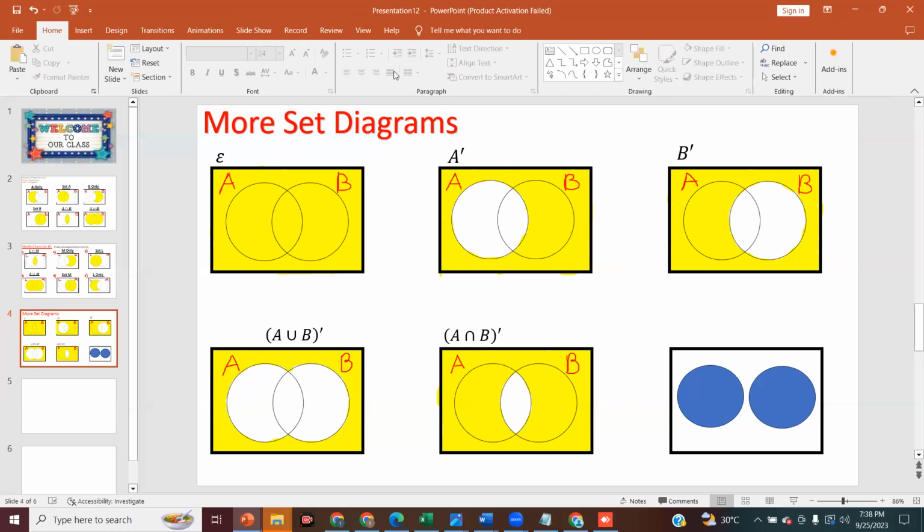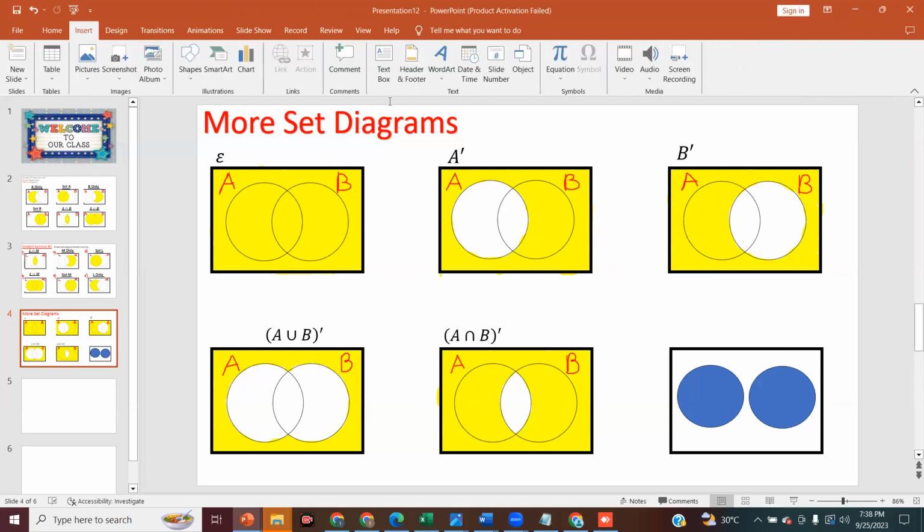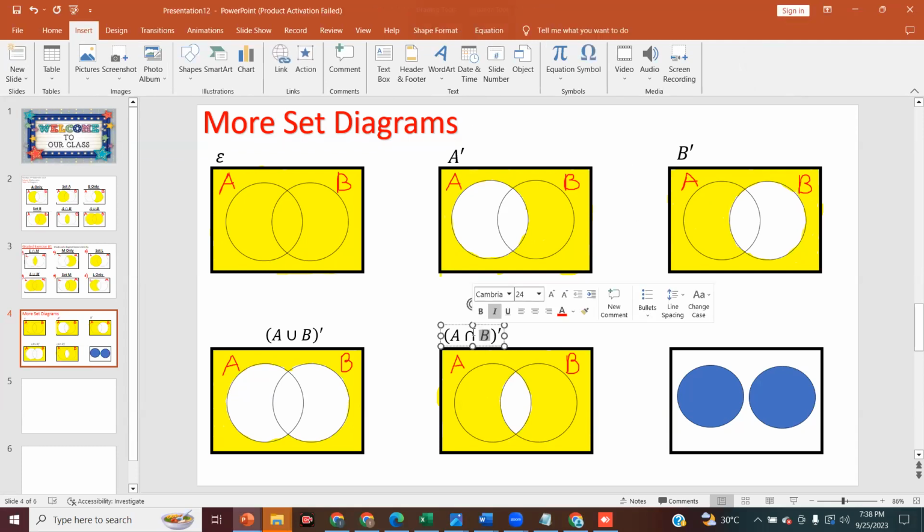We're going to call these disjoint sets. This is how you would draw two disjoint sets. We call them disjoint sets because they're not together.